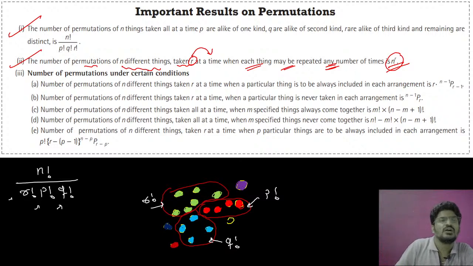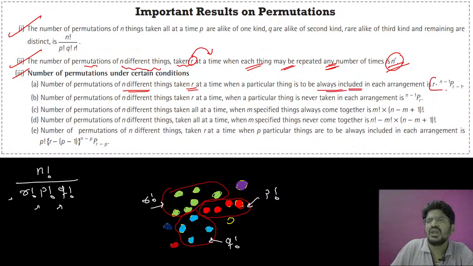And you can go for the third one, where you can see the number of permutations of n different things taken r at a time when a particular thing is to be always included is r into n minus 1 P r minus 1.